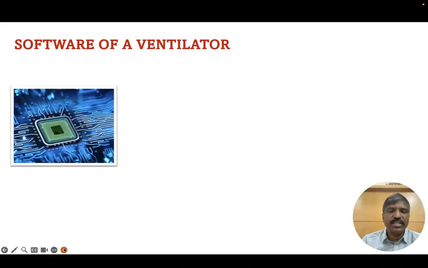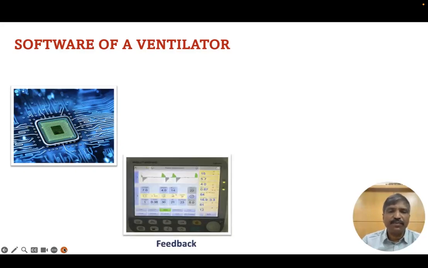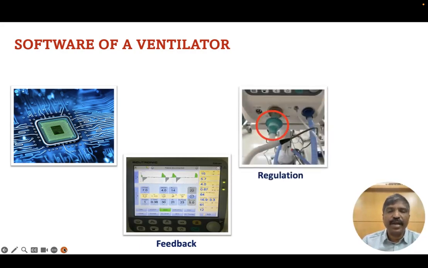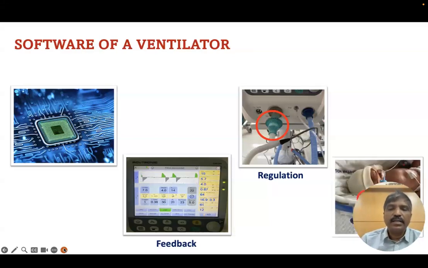Inside the machine, there is a chip which gets the feedback from your set parameters, and the chip will regulate the expiratory valve based on the settings which you have given in this horizontal panel. What is actually going to the patient is measured by the flow sensor.